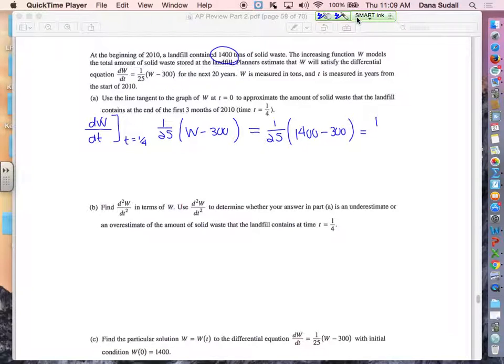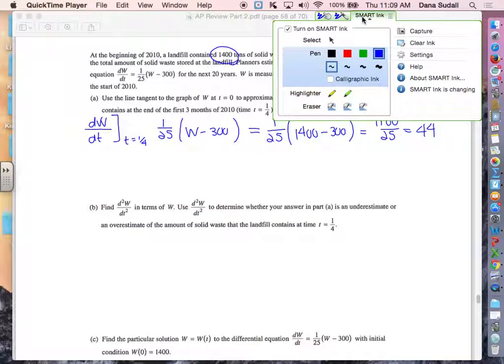So this gives us 1,100 divided by 25, which is going to give you 44 for that. All right, so that's going to be our slope. So we can use this to estimate. It's our derivative evaluated at 0, or approximated at 0.